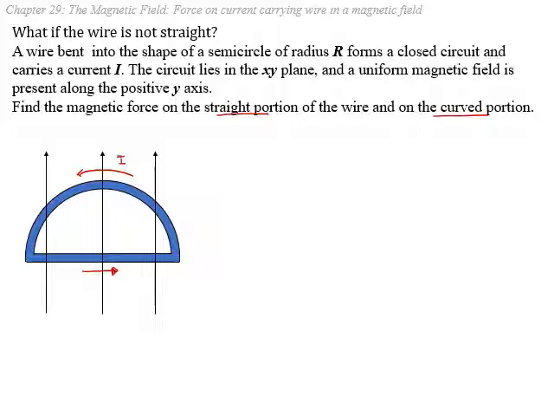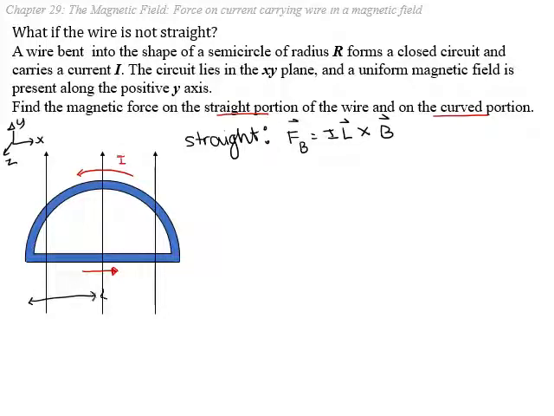Okay, the straight portion is not going to be so hard. Let's do that first. I'll put in my coordinate system, x, y, and z. So for the straight portion, my magnetic force, F_B, equals IL cross B. The only part that's a little bit tricky here would be my L. The radius of the circle is R. So the length of this bottom segment, L, would be twice the radius.